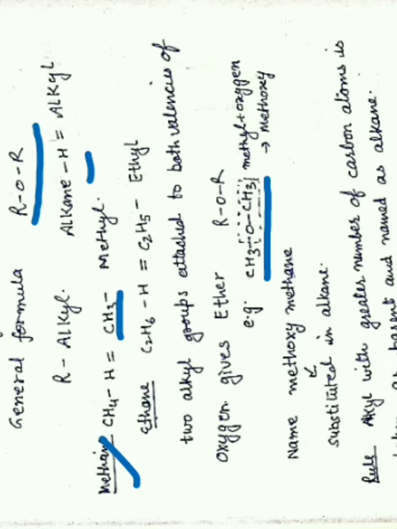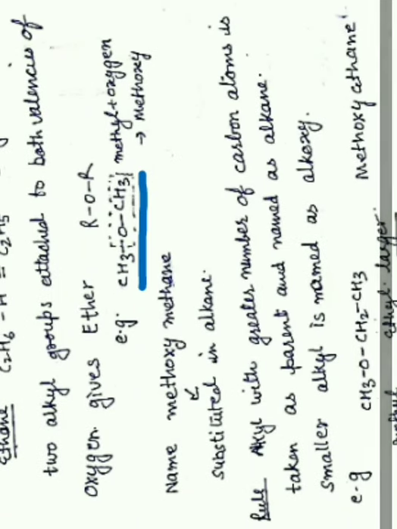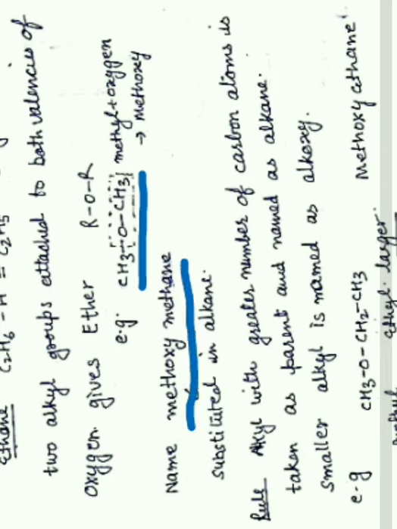So it was chloromethane. In the same way, what we are assuming is that in methane, one hydrogen has been replaced by the methoxy group, that is RO. So we use methoxy as a substituent and methane as the parent chain. So this is how we are going to write the name of the above compound.